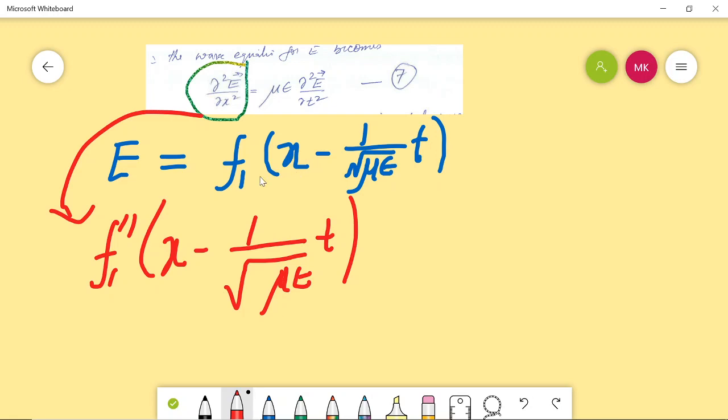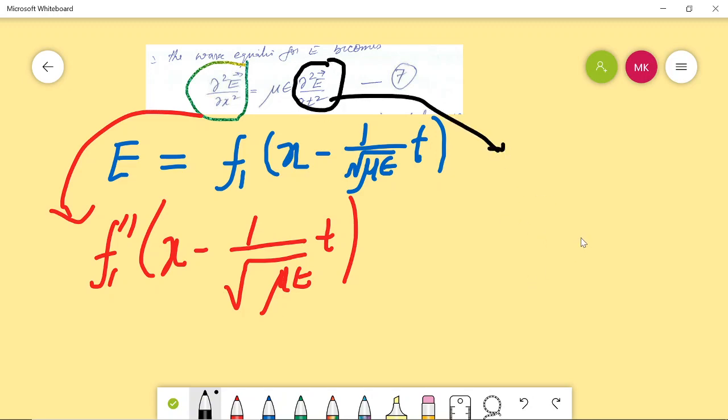Applying the chain rule, you take the derivative of the function and then the derivative of the argument with respect to x. The coefficient of x is 1, so you get 1 multiplied by 1, and you get the same term again.